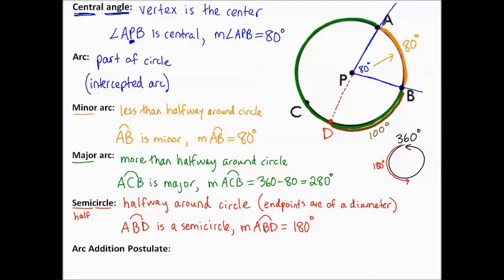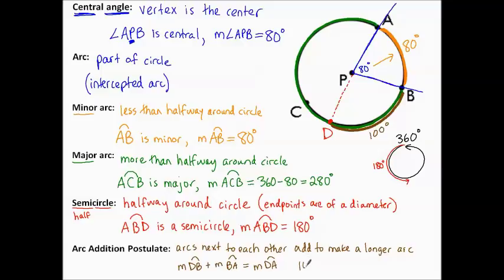Because 100 plus 80 makes 180, and that's the arc addition postulate: arcs next to each other add to make a larger or longer arc, such as arc DB and arc AB. So we can say, for example, the measure of arc DB plus the measure of arc BA, or AB, equals the measure from D all the way to A.